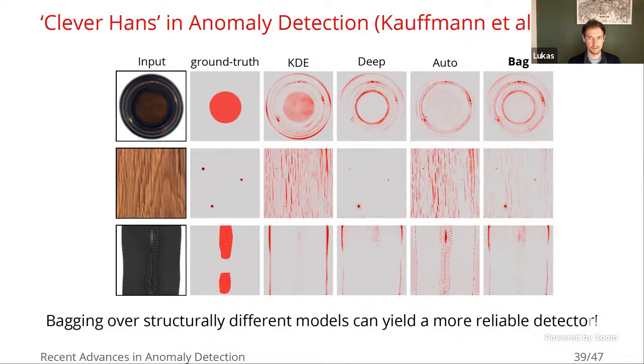And one thing one can do is to bag different types of structurally different models to overall achieve a more reliable detector.